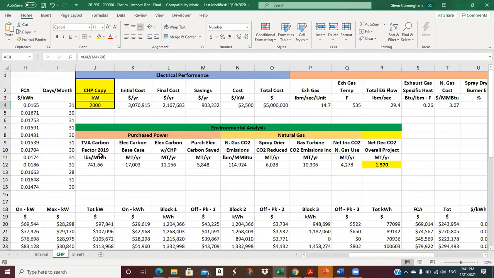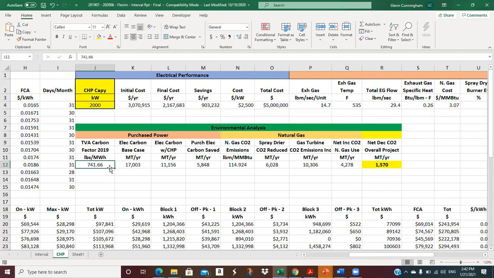The TVA carbon factor for 2019 across the Tennessee Valley, that's pounds of CO2 per megawatt hour. The TVA published number is 741.66. On average, they got some solar, their wind is nothing, but then they got some coal, they got some nuclear. Their fleet average is about 742 pounds of CO2 equivalent emitted per megawatt hour.